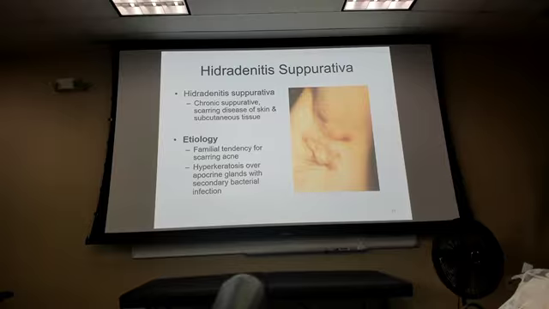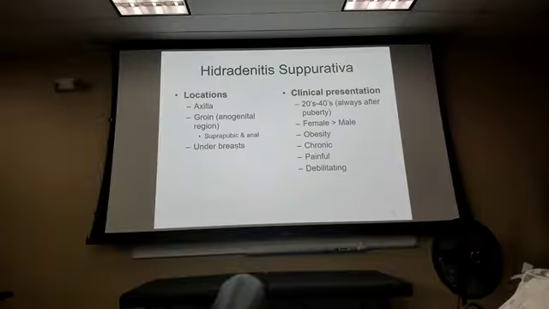They can have a familial tendency, and they can have hyperkeratosis over apocrine glands with secondary bacterial infection. We can see those in the axilla, specifically stating those locations.